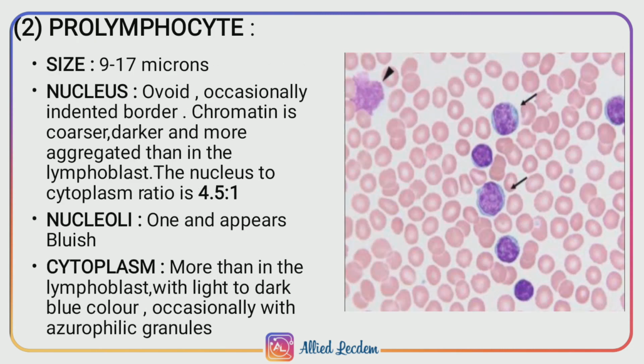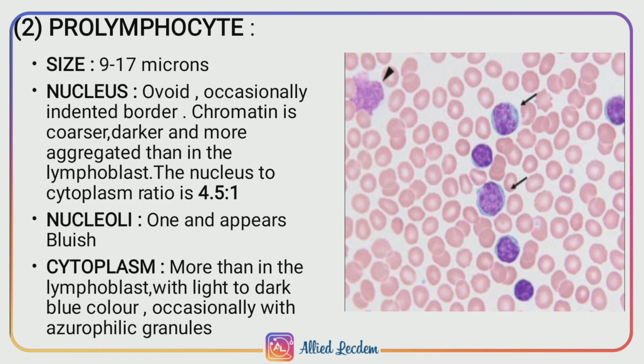Prolymphocyte. The size of the cell ranges from 9 to 17 microns. The nucleus present here is ovoid or oval in shape and occasionally has an indented border. That is, the border is kidney or oval shaped. Chromatin is coarser, darker and more aggregated than in the lymphoblast.